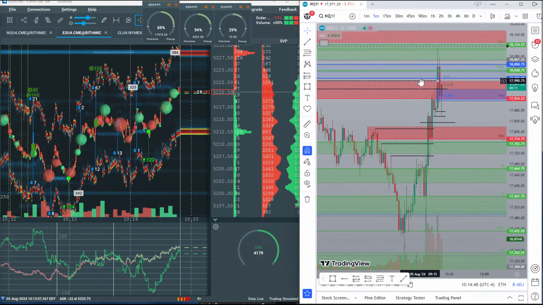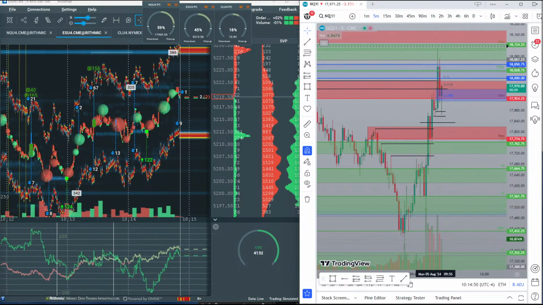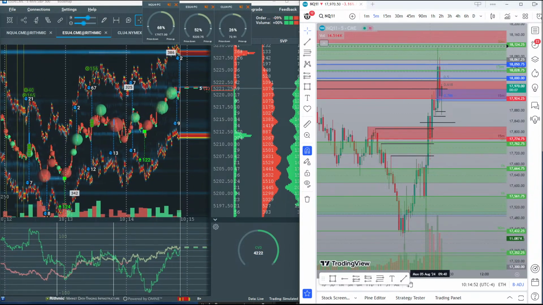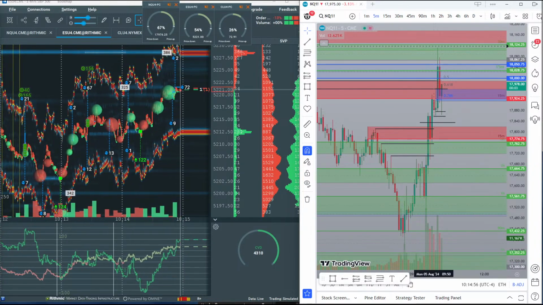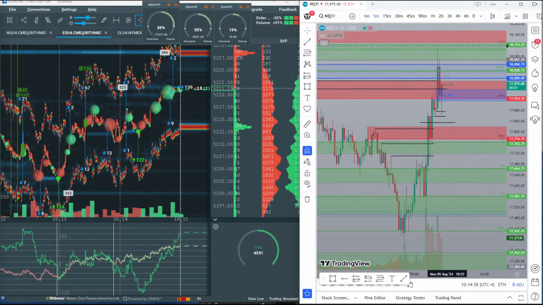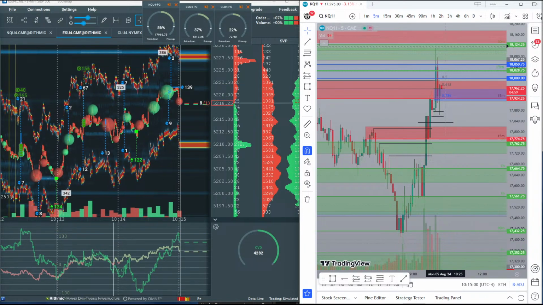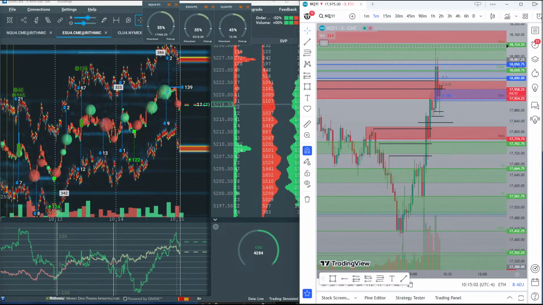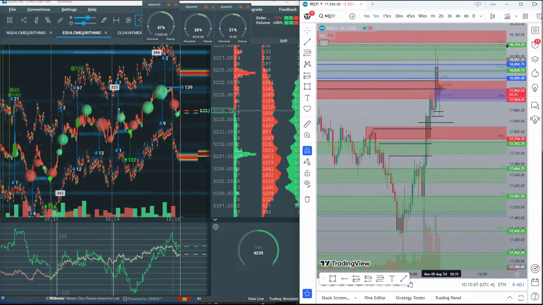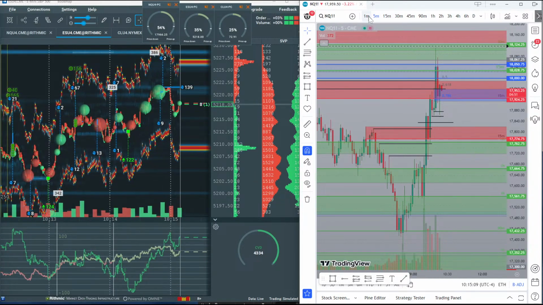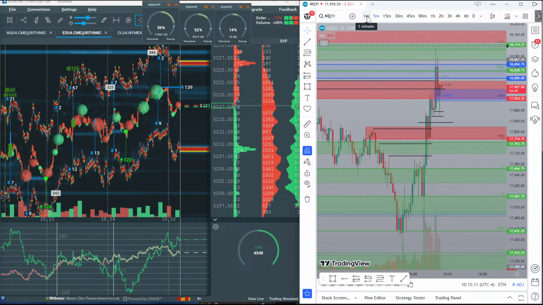Because now we got 13 seconds in this 5 minutes, so if it wants to continue higher, that might help for the next 1 minute to continue higher. You guys see what I did there? So if this 1 minute continues, this 5 minute continues, that leads the next 5 minutes to start. Nope, it's just not doing it. Maybe. We'll see.